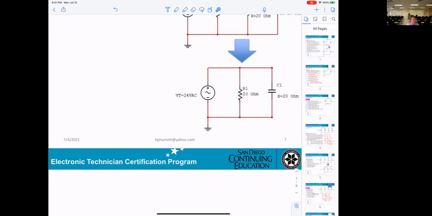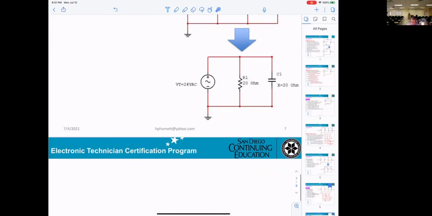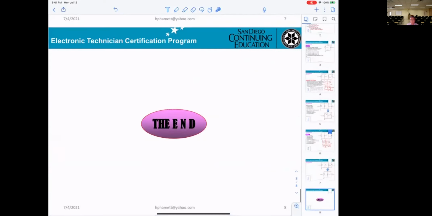For my understanding, it will be tan inverse of IC over IR. So that's completely done for RCL circuitry in parallel or in series.